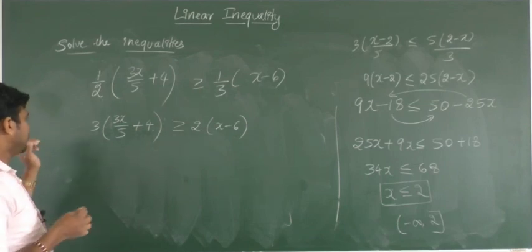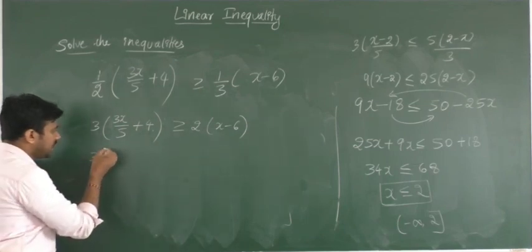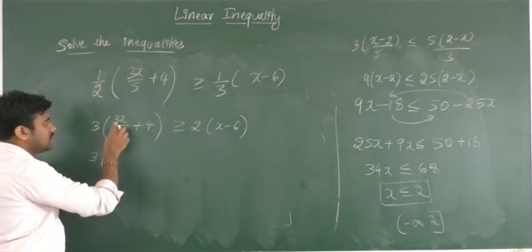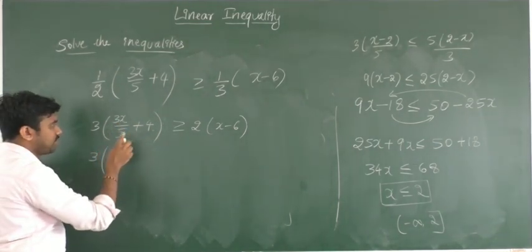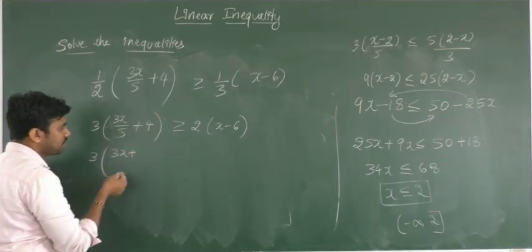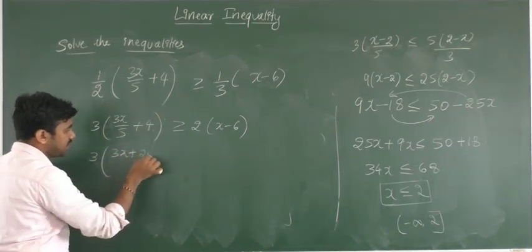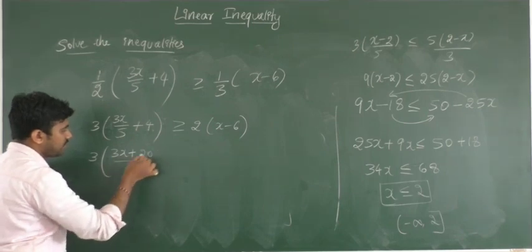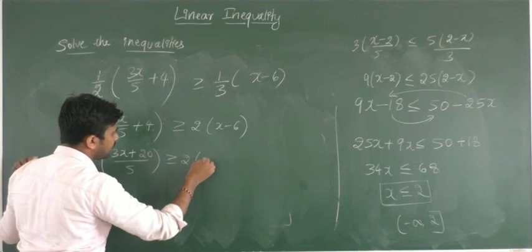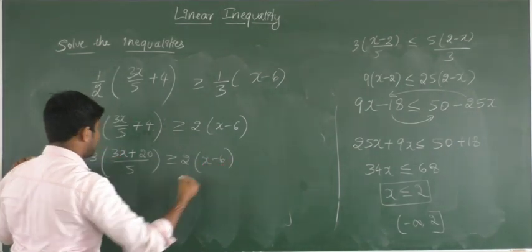Now tell me what we will get. 3 into, take the LCM, 3x by 5 plus 4. So 3x plus 5 into 4 is 20, divided by 5, greater than or equal to 2 into x minus 6.